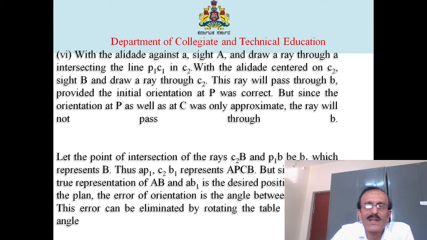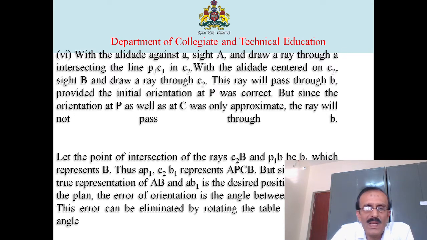With the alidade against a, sight A and draw a ray through a intersecting the line p1c1 in c2. With the alidade centered on c2, sight ground station B and draw a ray through c2. This ray will pass through b provided the initial orientation at P was correct. But since the orientation at P as well as at C was only approximate, the ray will not pass through b. Let the point of intersection of these rays c2b and p1b be b1, which represents the ground station B. Thus, ap1, c2b1 represents APCB.